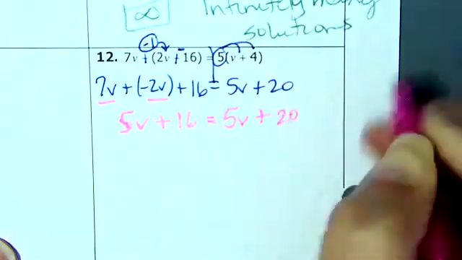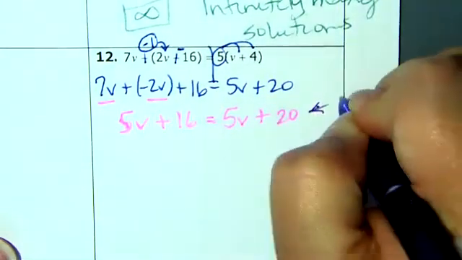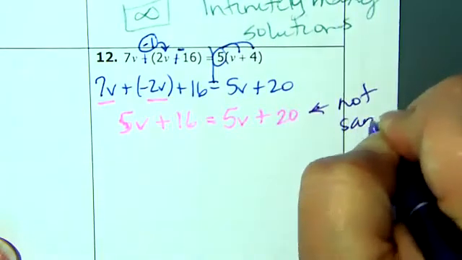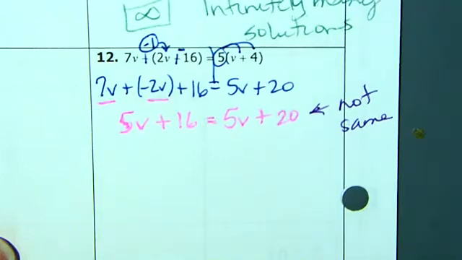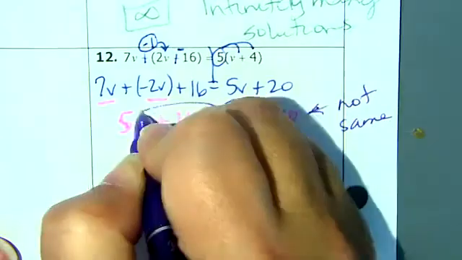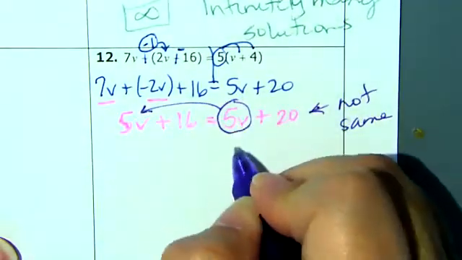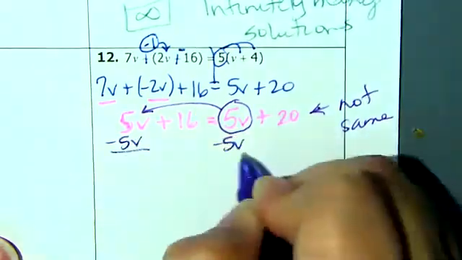And some of you may realize that at this point, these are not the same. If you don't, that's okay. We finish working. I need to get all the variables on the same side. So that means that's a positive 5v. So I'm going to subtract 5v from each side.